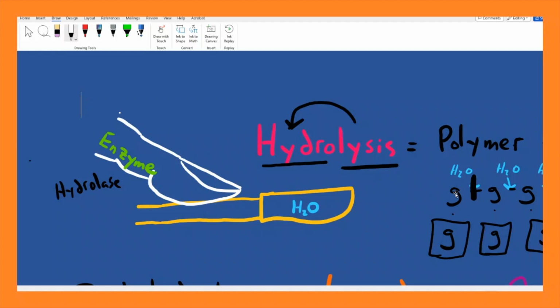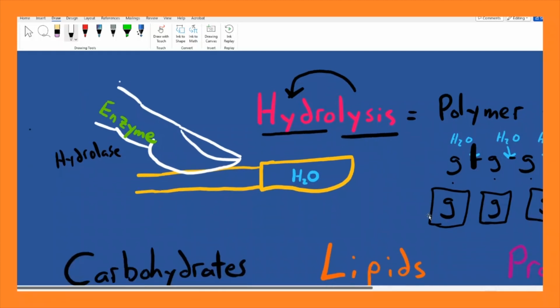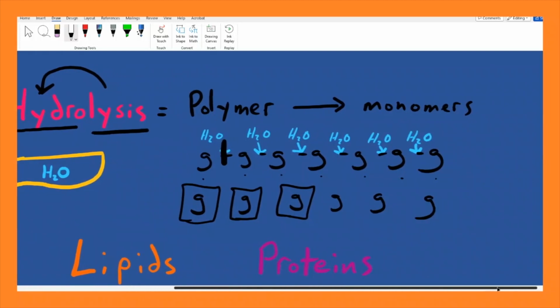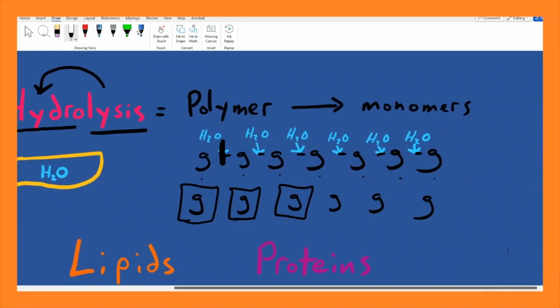The enzyme is the cutter, and the water is the cutting tool. Maybe a way to think of it. And this is how we perform these catabolic reactions where I chop large polymers into absorbable monomers.